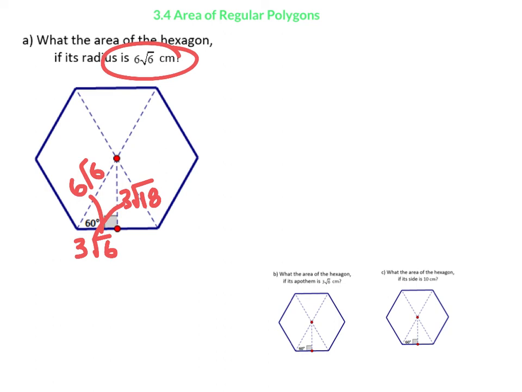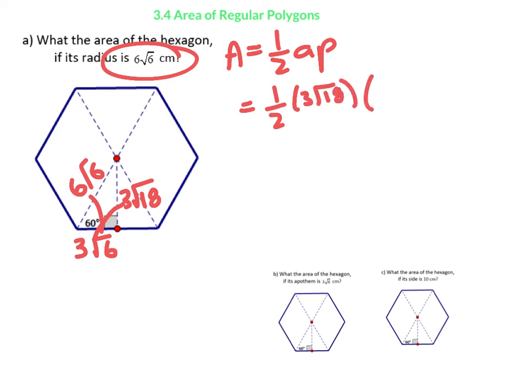So if I was doing this problem, I would do 1/2 the apothem times the perimeter. My apothem happens to be 3 square root of 18. Now my perimeter is 6 root 6 times 6. This is my perimeter. This is my apothem.